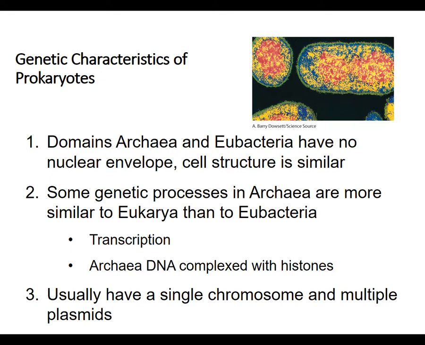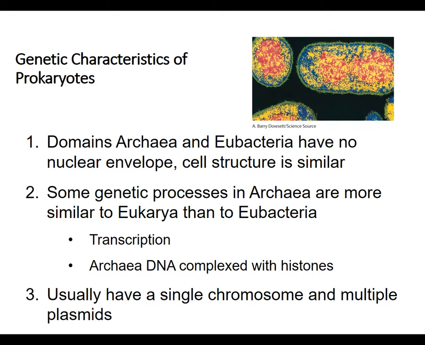But it turns out that some of the genetic processes in the archaeans are more similar to the eukaryotes than the eubacterians. And as a result of that, we have been able to figure out that eukaryotes probably evolved from an archaean that engulfed or took in some eubacteria and started to live in a symbiotic relationship together.